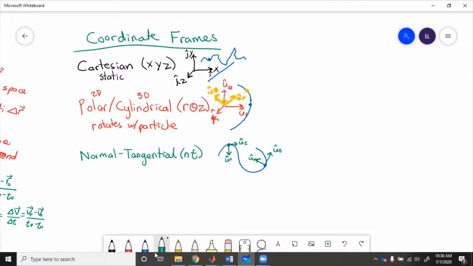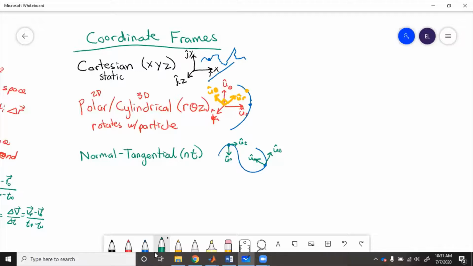So if you look at this, it can be confusing because on here, ut is pointing to the right and un is pointing to the left. Down here, un is pointing to the right and ut is pointing to the left. So the direction of un relative to ut flips based on the concavity of its path.